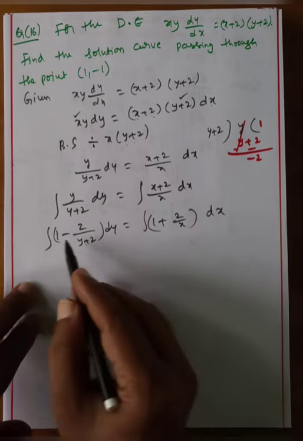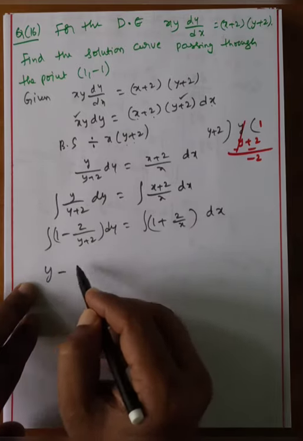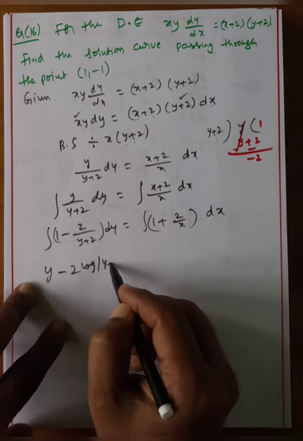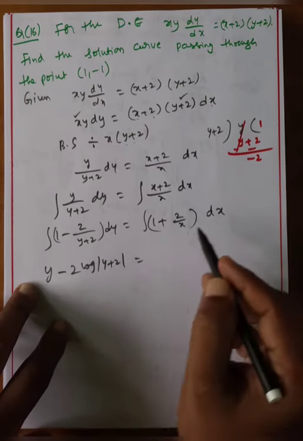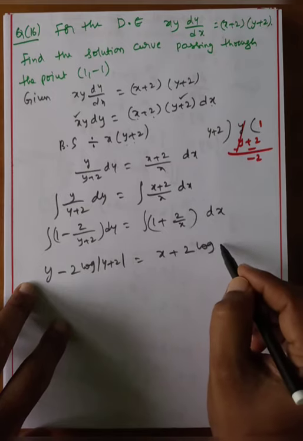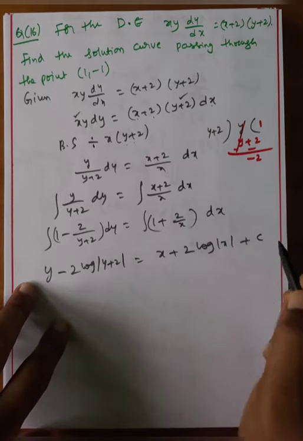Now the integral of 1 dy gives y, minus 2 times the integral of 1/(y+2) gives 2 log|y+2|, equal to the integral of dx, which is x, plus 2 log x, plus c.